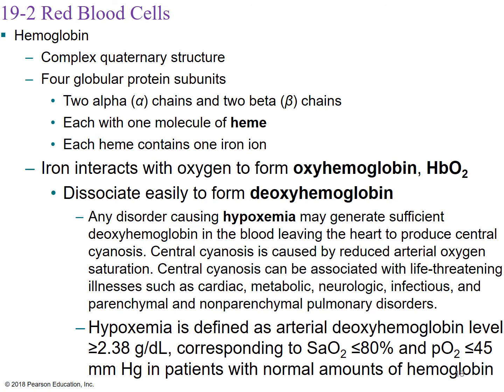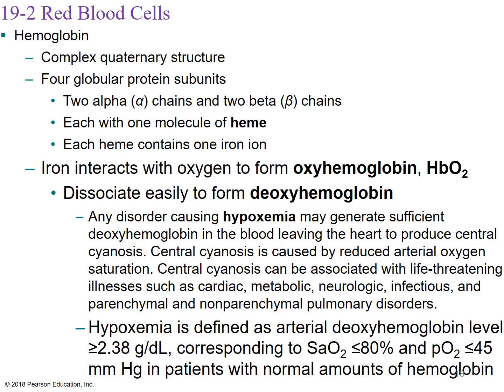Now this can be very easily done, and when this happens, we would then say that now we are at a form called deoxyhemoglobin. Deoxyhemoglobin means that there is just no longer oxygen that is bound to that heme molecule.